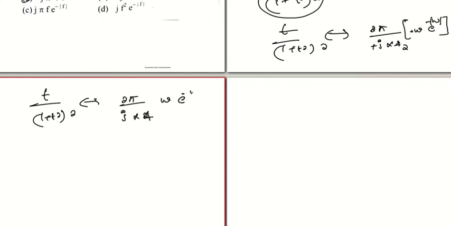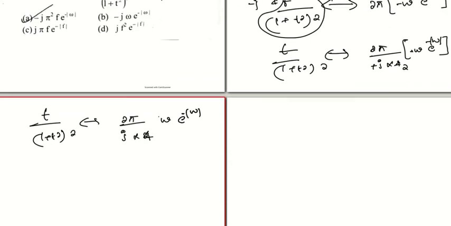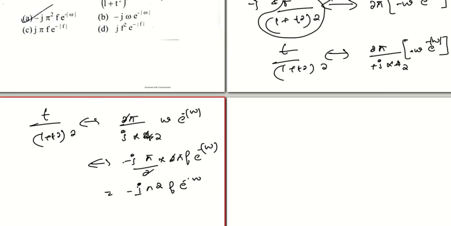So omega into e raised to minus modulus of omega. So we can simplify it. Instead of omega I am going to write 2 pi f. Okay, that will be minus j pi square f e raised to minus modulus of omega. Okay, so this is the answer.